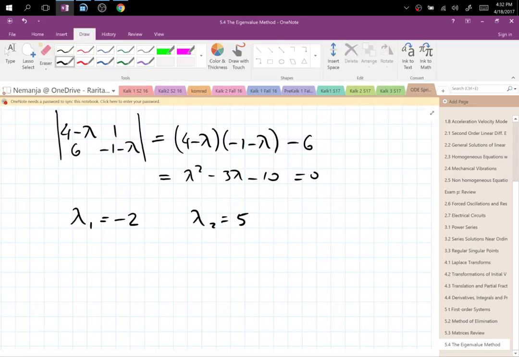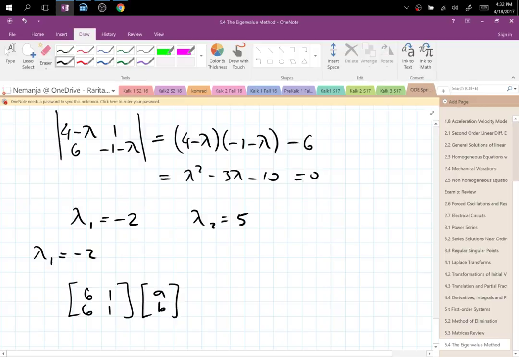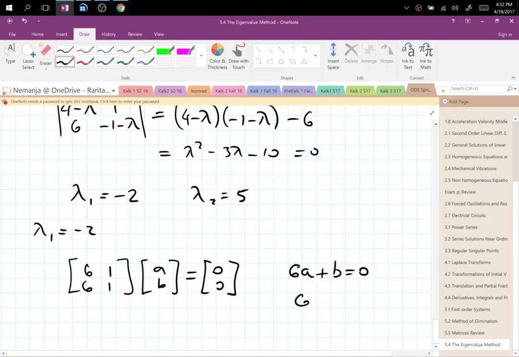And now, for lambda negative 2, we have 6 and 1 and 6 and 1. Nice. Times AB equals 0, 0. So we can see that we are using 6A plus B equals 0, from where 6A is negative B. So if you pick A to be 1, then B is negative 6.